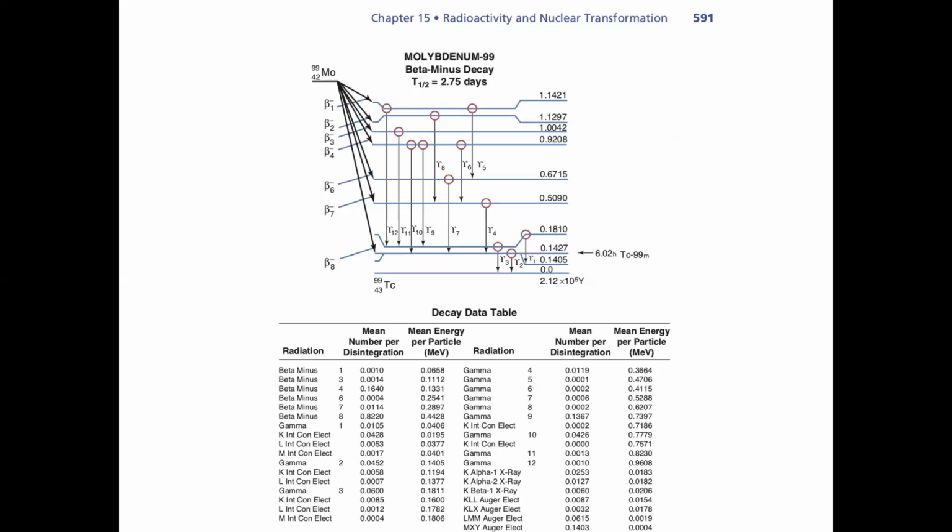So it emits a gamma ray at this energy when it drops into its ground state. There are many different transitions that can occur in the nucleus, however this is the dominant one: the first beta decay with molybdenum, and then you have this technetium, with a 6-hour half-life, going to its ground state.